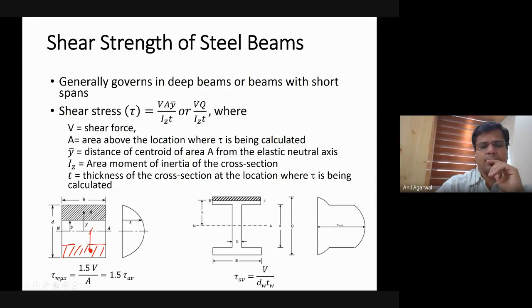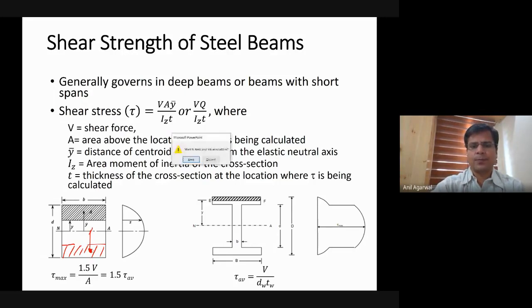But physically, do you have any sense of why it should vary? Why should it be highest at the neutral axis and smallest farthest away? Let me try to explain.